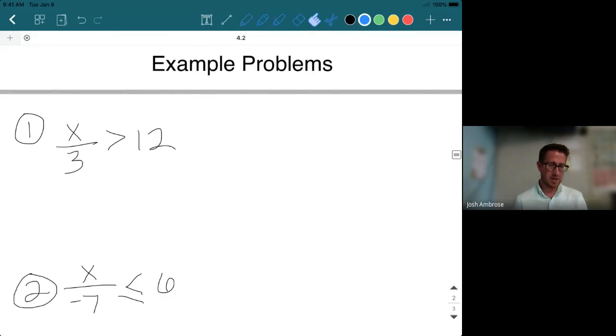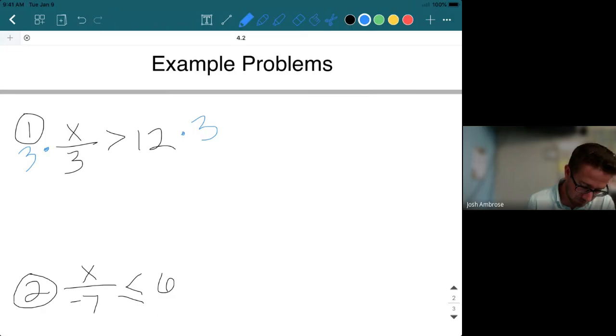So what's given? x divided by 3 is greater than 12. What is given is x divided by 3. What's the opposite of divide by 3? Multiply by 3. We multiply by 3. The 3's cross out. That isolates x.